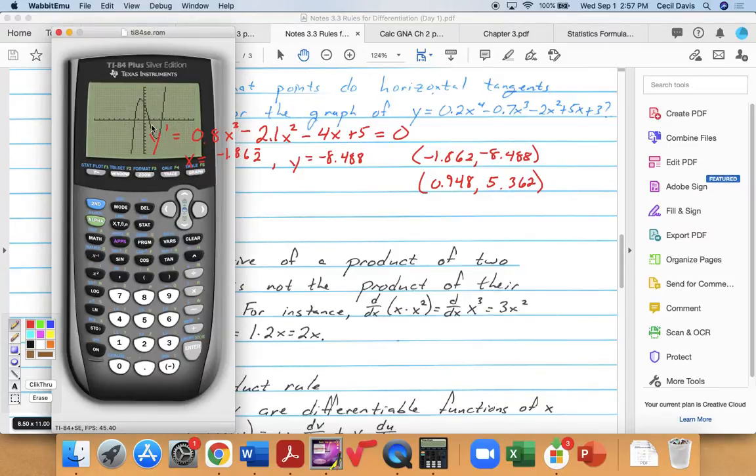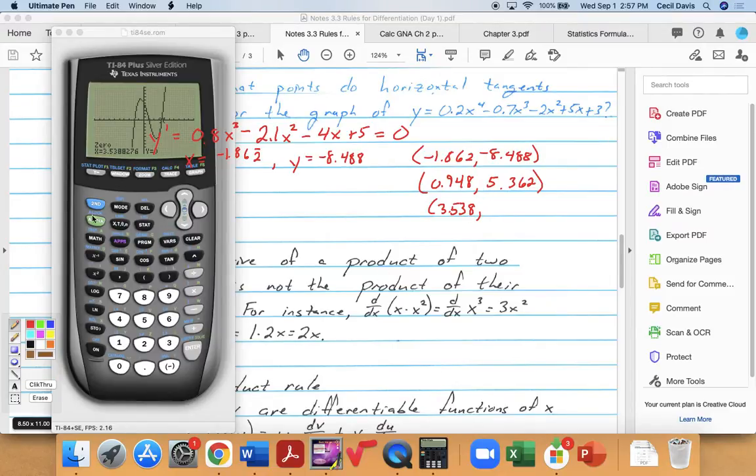And then we'll do it one last time for the last one, which is between 3 and 4. Find the 0. It's somewhere between 3 and 4. 3.538.